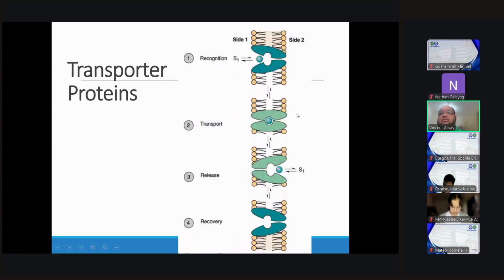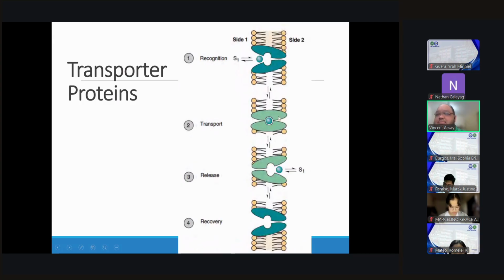So here is the sequence of transporter proteins. First is recognition, where an open transporter protein is bound to its target molecule.